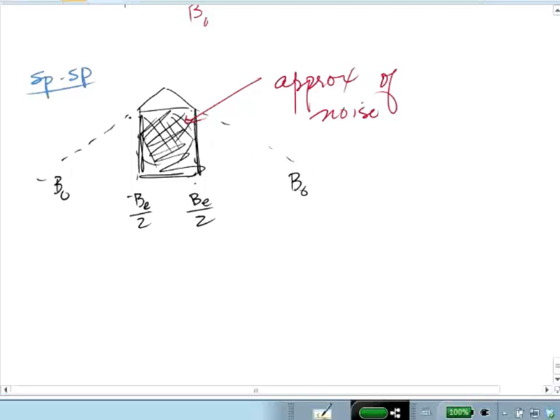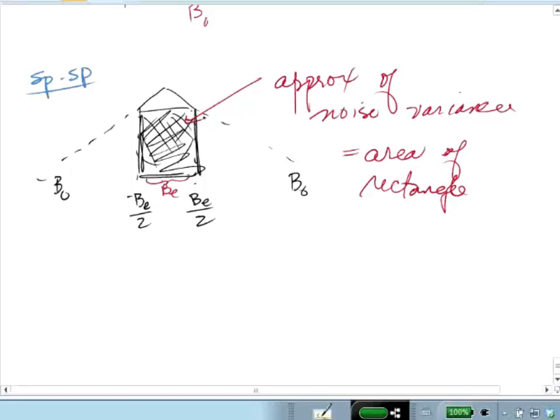And now I just want to calculate what this area is. The noise variance is approximately equal to the area of this rectangle. And so it's easy to find the expression for the area. Certainly this width is clearly BE. And to find out this height, we know the height here is 2 ISP squared over B0, and then we can take the slope of this line and find out what the height is.